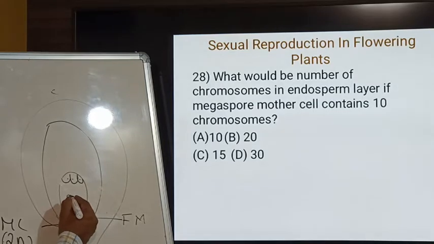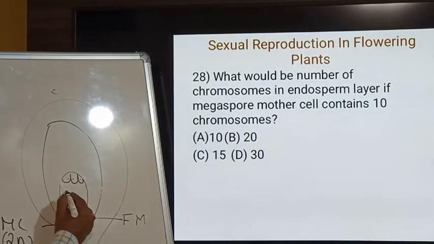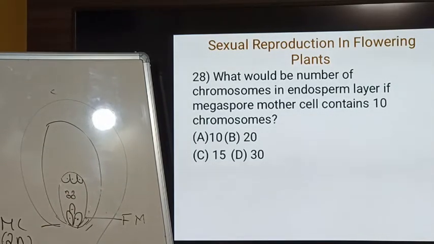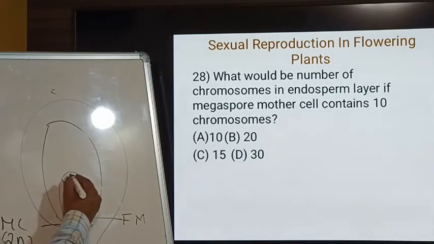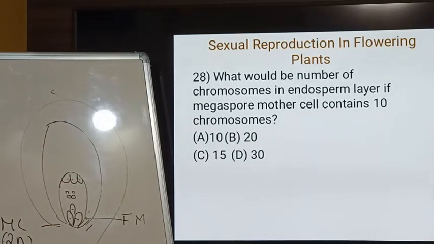The 2 haploid polar nuclei present at the center, in the central cell, are called polar nuclei or secondary nuclei.